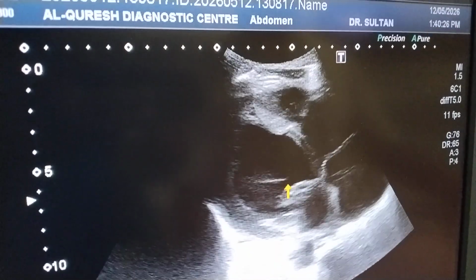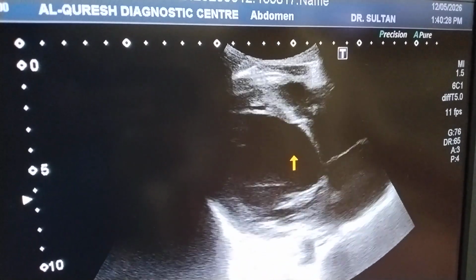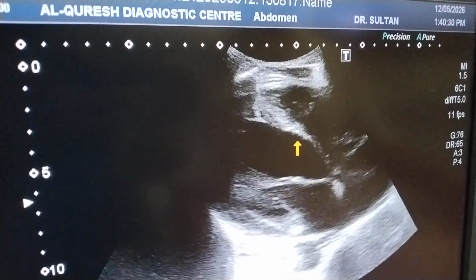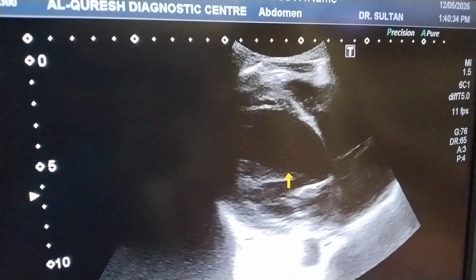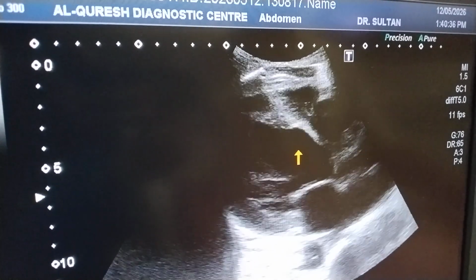Here we are appreciating that this is not going close to the interventricular septum.